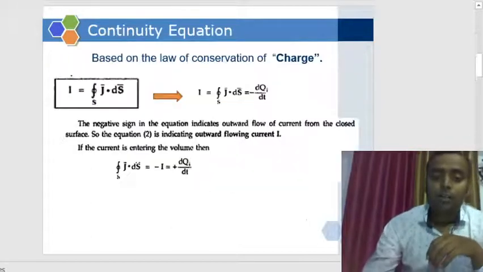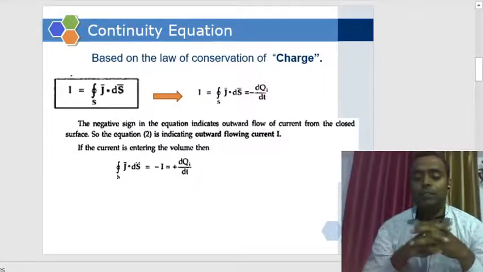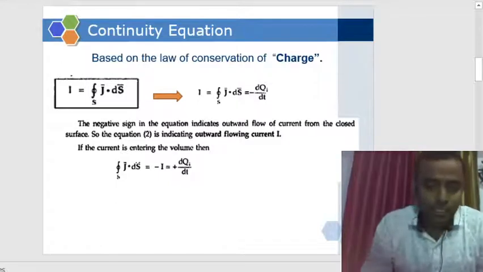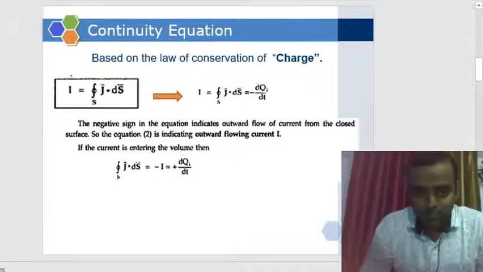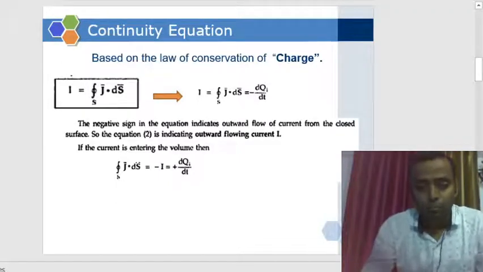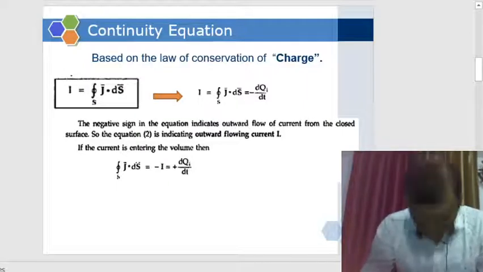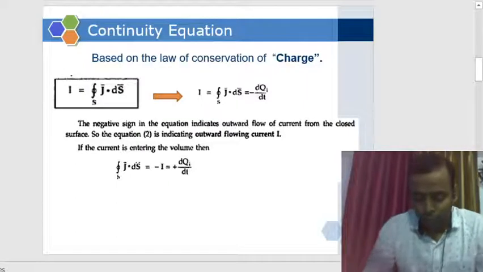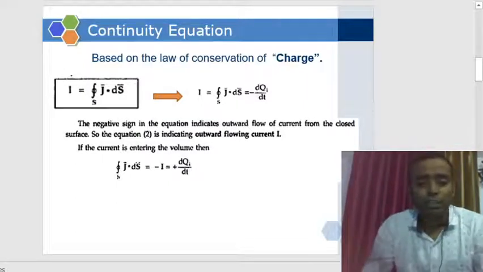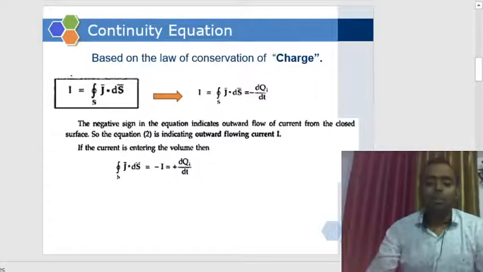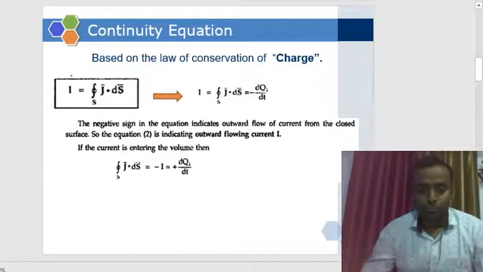So coming to the continuity equation, which sometimes they ask by this name only: state and prove, or establish the continuity equation. Let me tell you about the continuity equation. It is based on the law of conservation of charge.